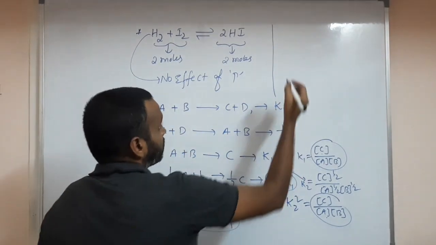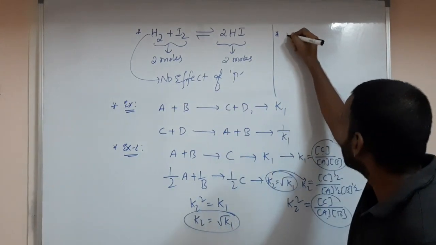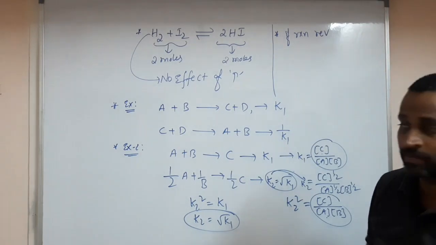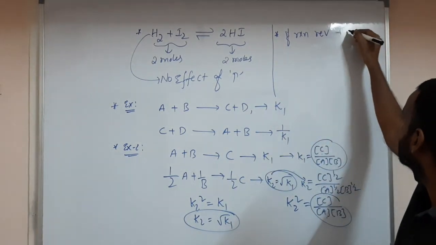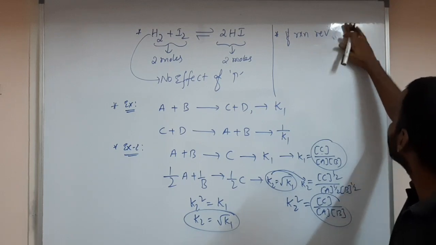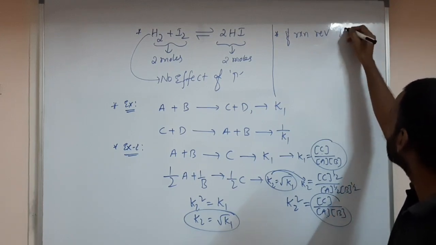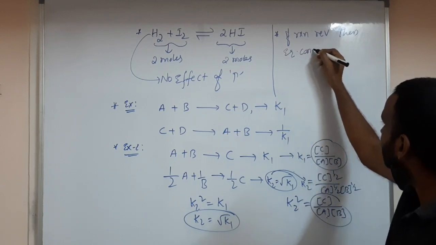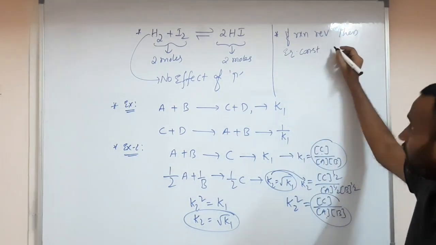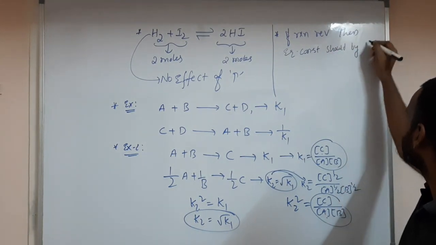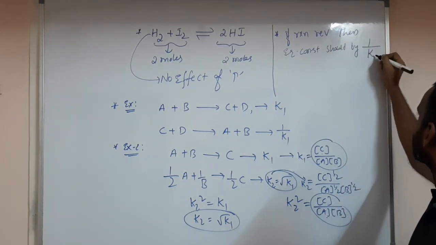First point: if the reaction is reversed, then the equilibrium constant should be 1 by the initial constant.